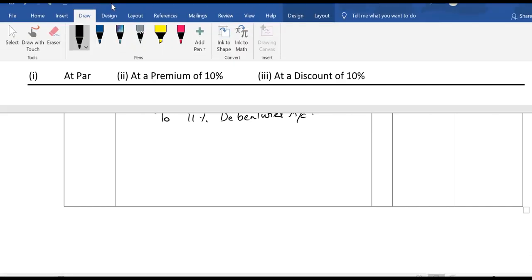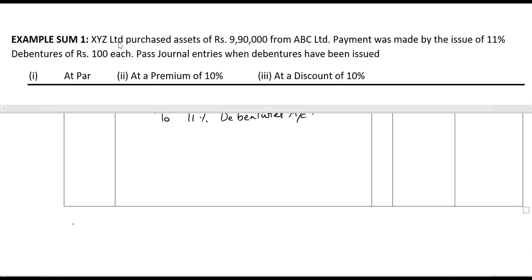Let's get the number of debentures issued. Number of debentures issued is equal to the amount payable to the vendor through issue of debentures, 9,90,000 rupees, divided by the issue price of the debenture.